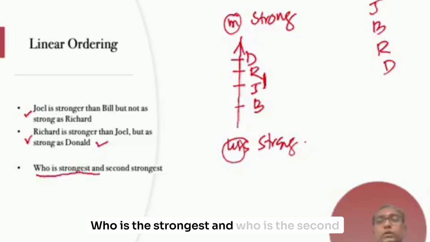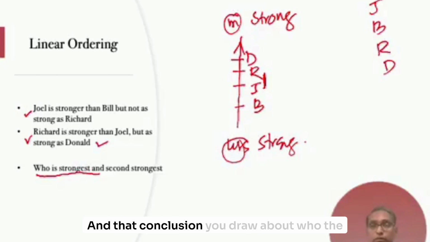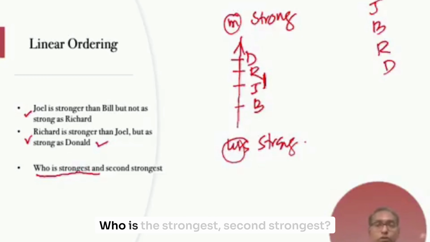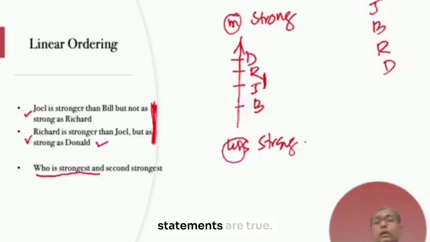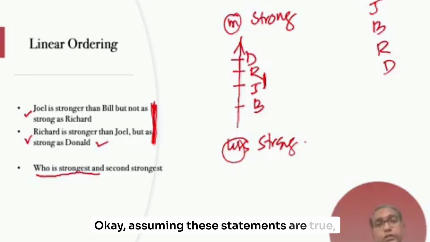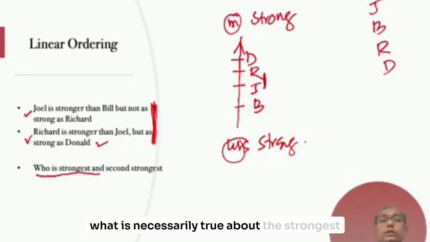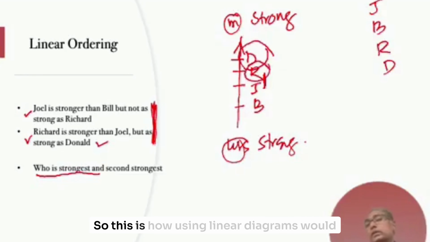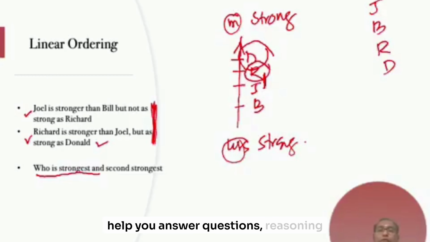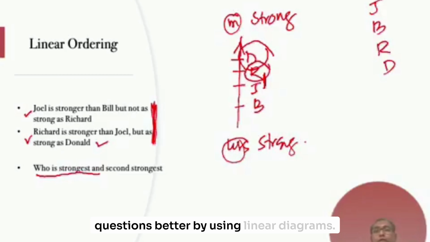Who is the strongest and who is the second strongest? The conclusion you draw should be necessarily true if these statements are true. Assuming these statements are true, what is necessarily true is that the strongest person is Donald. Second strongest is Richard. So this is how using linear diagrams would help you answer reasoning questions better.